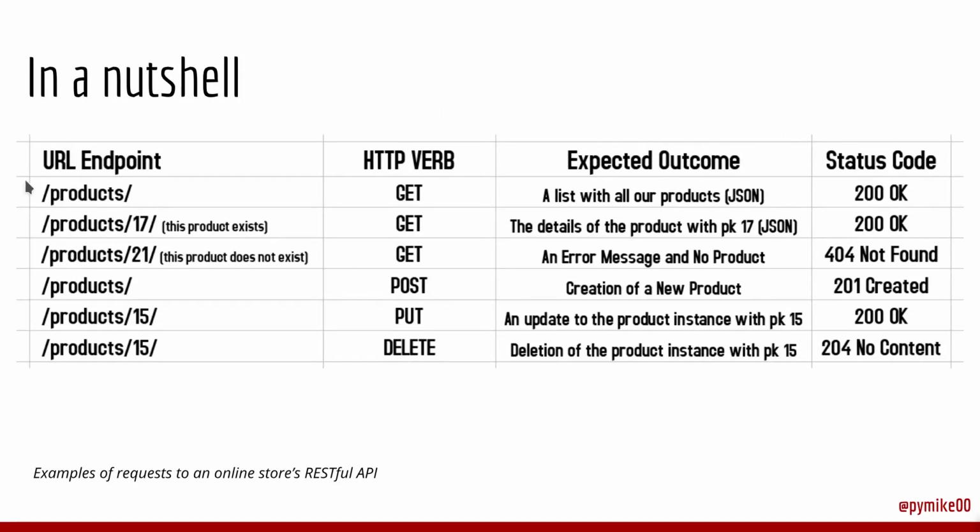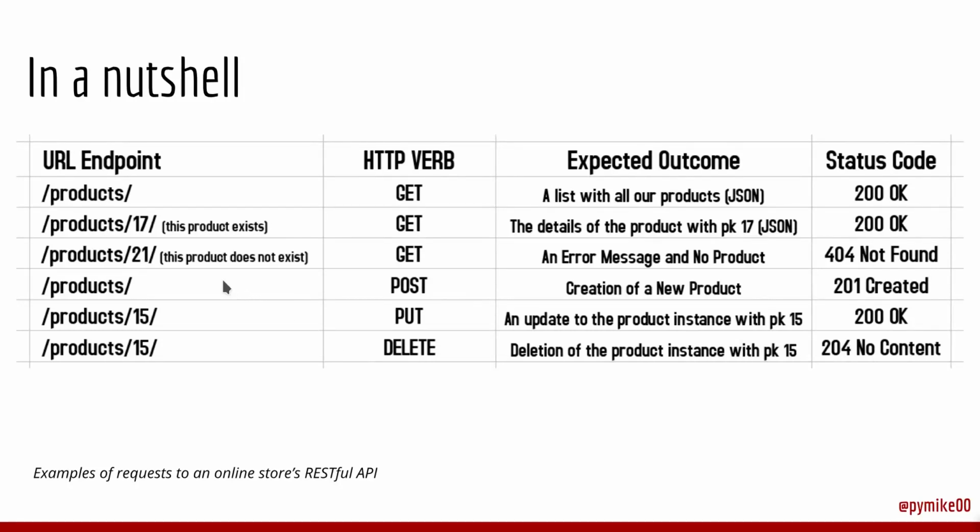Then we might go to /products/17, for example, a primary key, and if this product exists, using the GET HTTP verb, we might get the details of a product with primary key 17, of course, this time using the JSON format, and the status code, just as well, is going to be most likely 200.